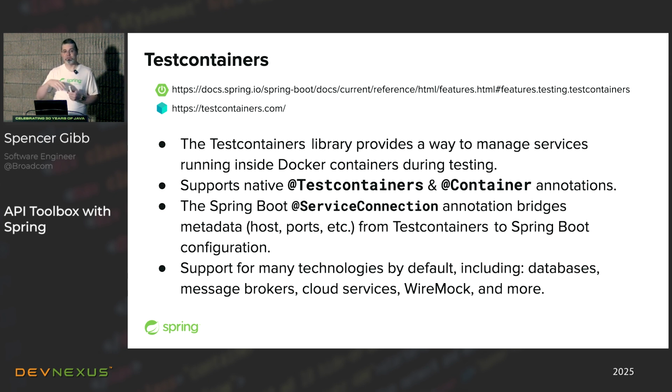So there's facilities for, I guess it's called a test main, for example, that will run your application not as tests, but it will use those images that you've defined in your tests to start all those backing services and automatically bind them to your Spring Boot application. Whatever port it happens to be running on, the credentials you need to connect will automatically be configured in your Spring Boot application. So it's really, really slick.